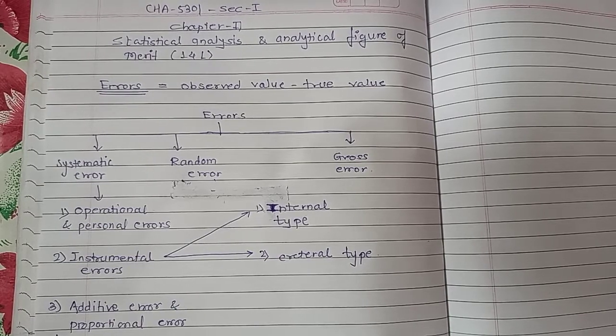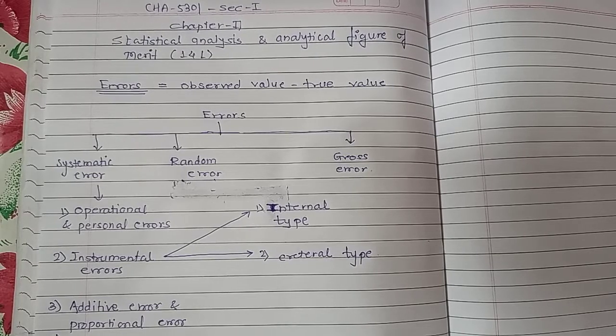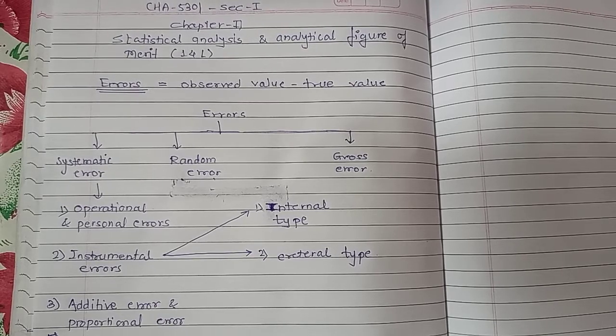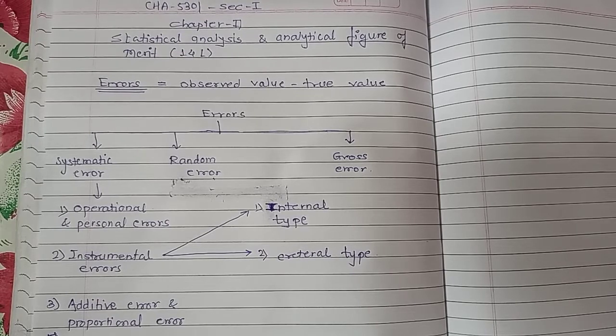Next example is incorrect technique involving the transfer of solution. Next example is lack of reproducibility in solvent extraction method. These are the operational and personal errors.